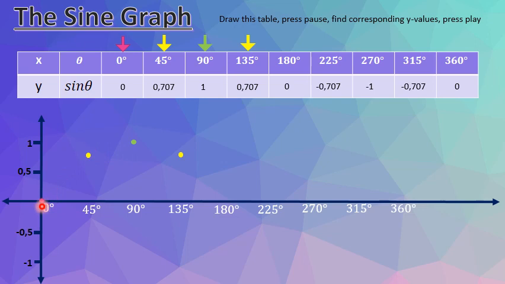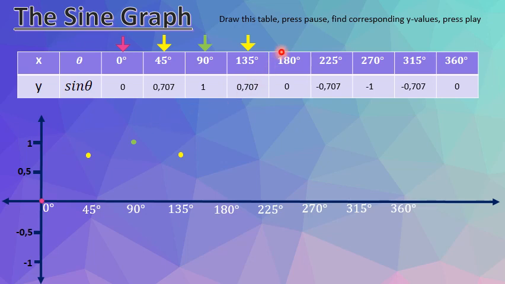So as you can see, these points will form a curve, and here where x is 90, it seems like we've reached a maximum value. That is a very important fact that you need to remember for today. When x equals 90, sine equals 1, we've got a maximum value occurring over there.